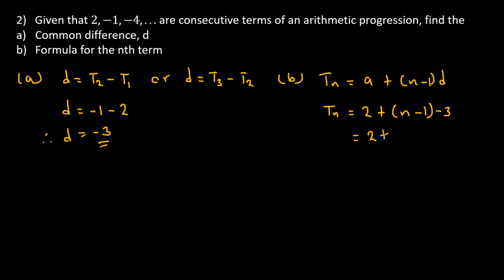We write 2 plus, and multiply -3 throughout what we have in the brackets. So -3 multiplied by -1 gives us 3, since negative multiplied by negative is positive. And then -3 multiplied by n gives us -3n. This equals 2 plus 3, which is 5, minus 3n. So this is our formula for the nth term.